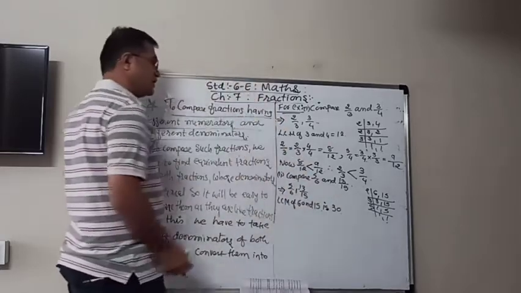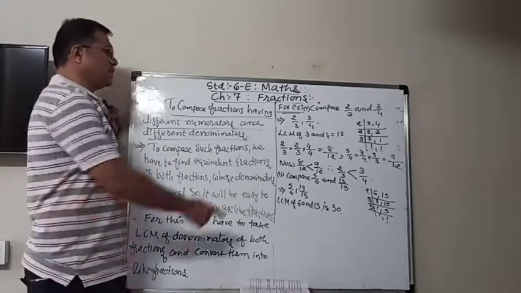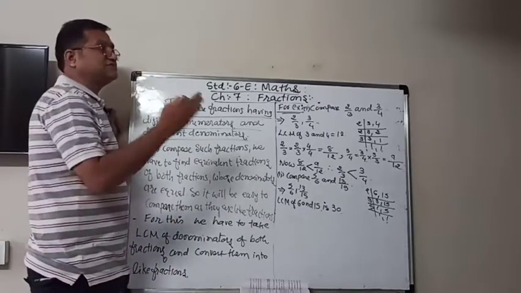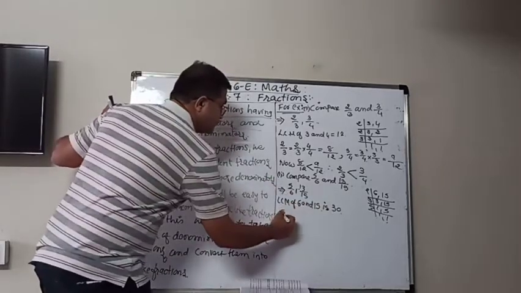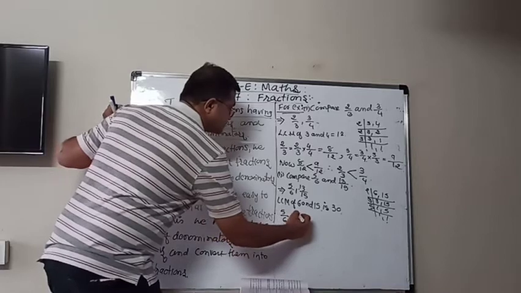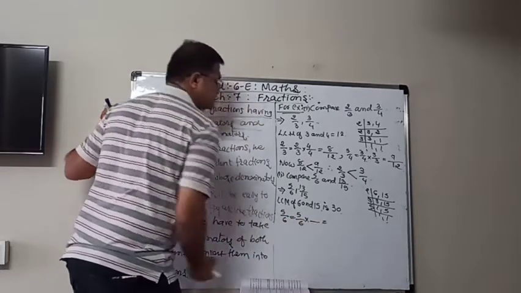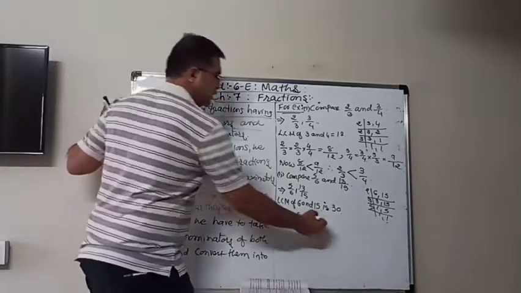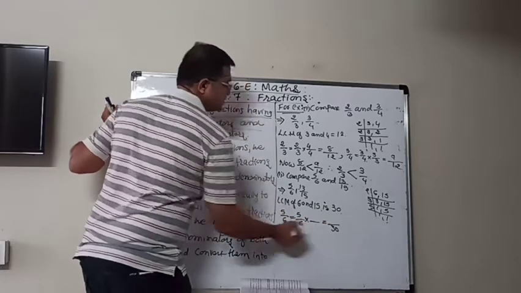So now, as we did here, we have to do here also, such that both the fractions have the same denominator, and that is 30. So now 5 upon 6. We have to multiply 5 upon 6 with the same numerator and denominator such that the equivalent fraction will have denominator 30.